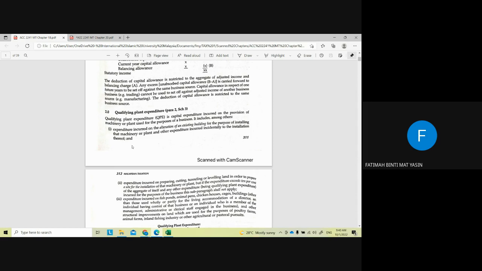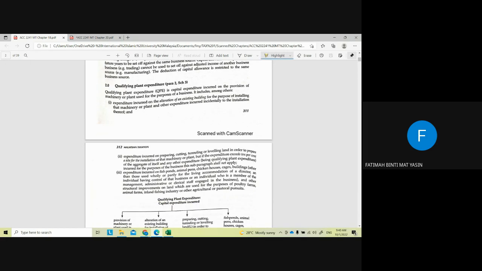If the company wants to purchase an asset, let's say a machine, the cost of the machine is part of the QPE. On top of that, if the company needs to do the installation, the installation cost also will be considered part of the qualifying plant expenditure. So that means cost plus the installation cost. That's number one.